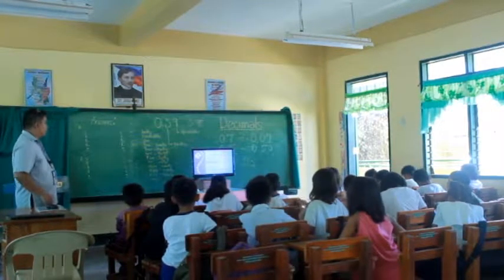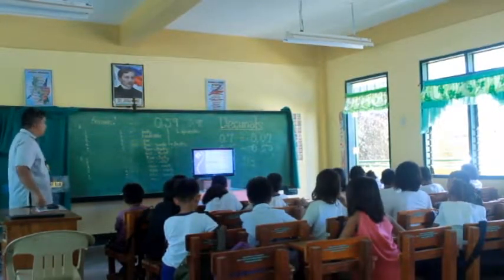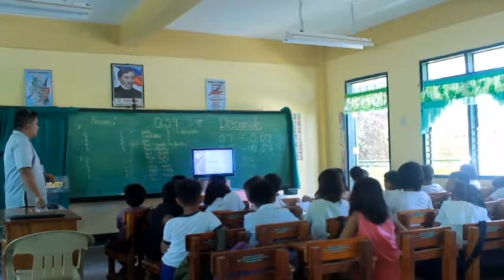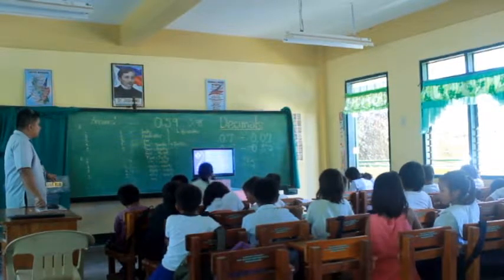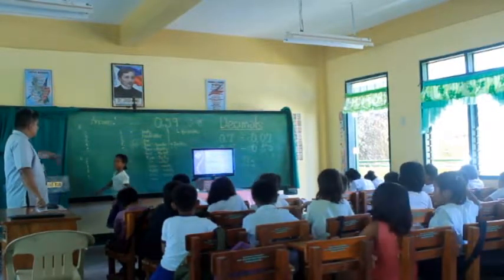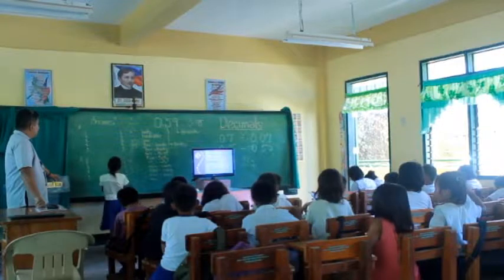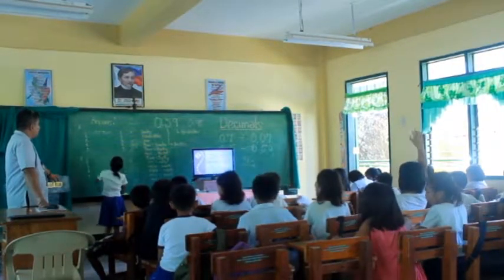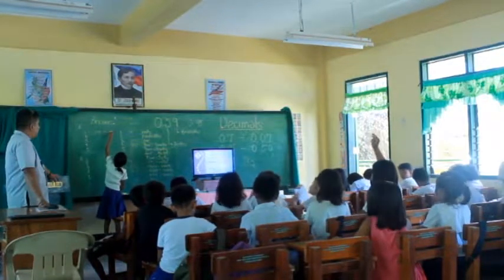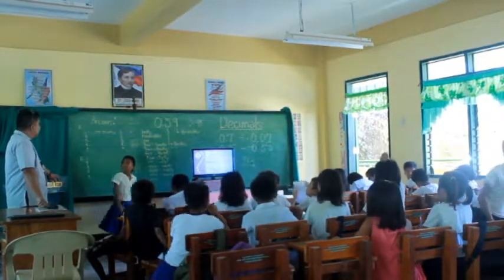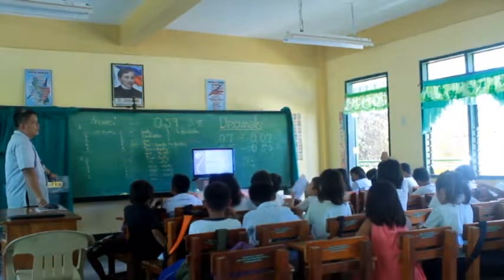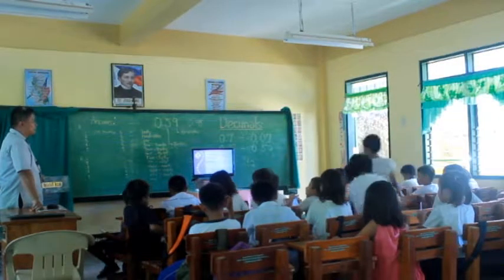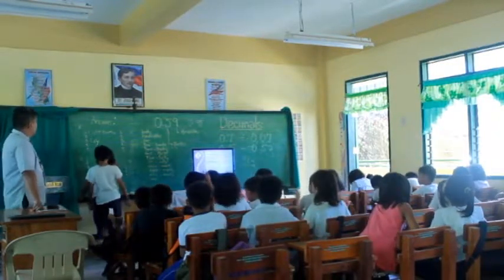Who can write the answer on number 1? Irish, number 1. Michael, number 2. I will call you. Number 3, Julian. Number 4, Emma.